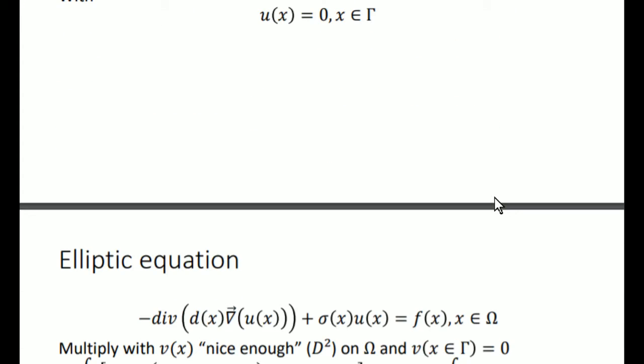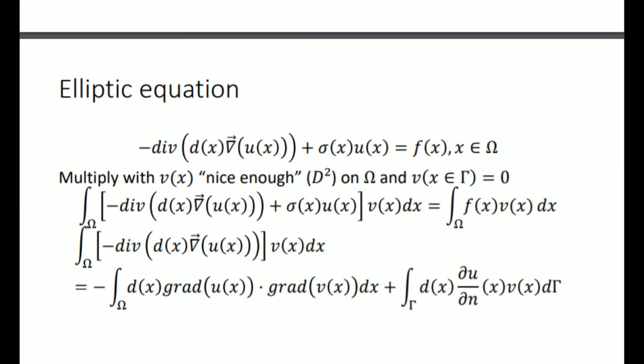Okay, so now we will define what's an elliptic equation. You have this equation that is just the definition. We'll multiply with v, a function nice enough. By nice enough, I mean that it's continuously differentiable, that's, how do we say it?